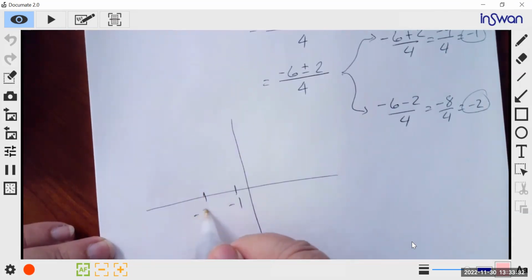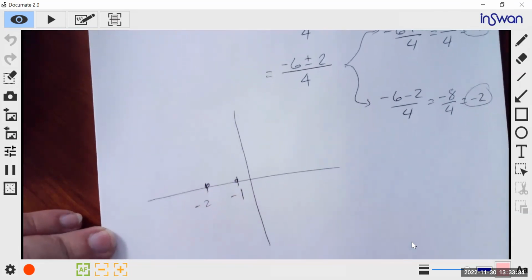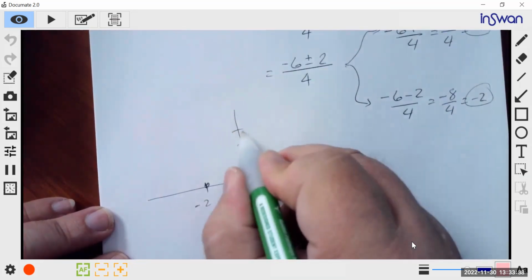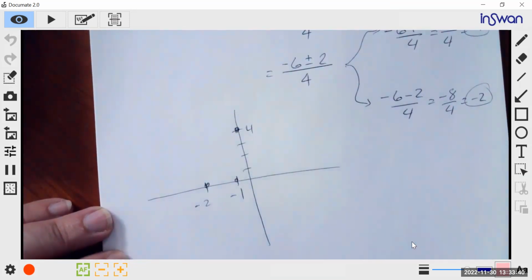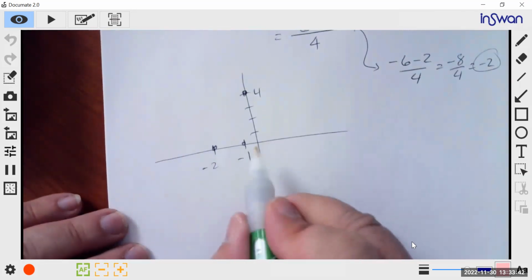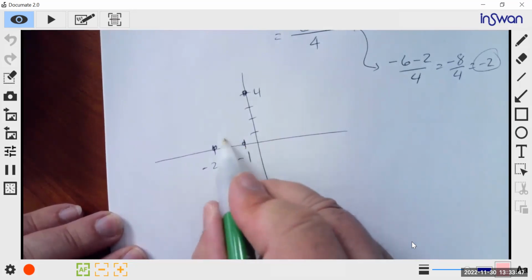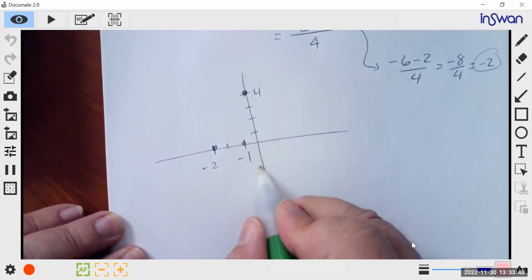Negative 1, negative 2. 2, 3, 4. The y-intercept is 4. The vertex is at negative 3 over 2, which is negative 1 and 1/2. Down 1/2.